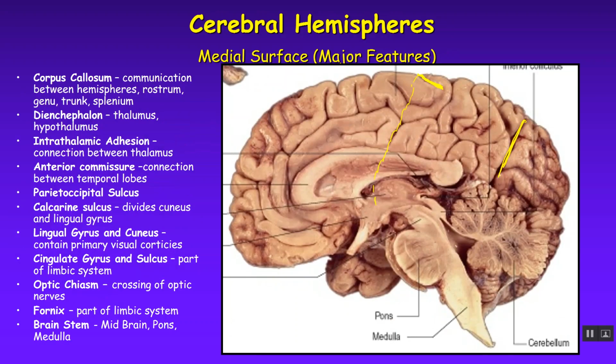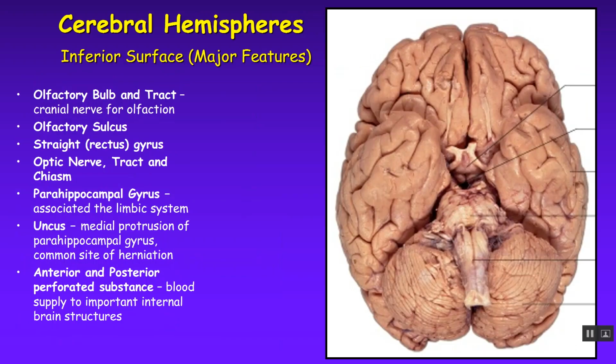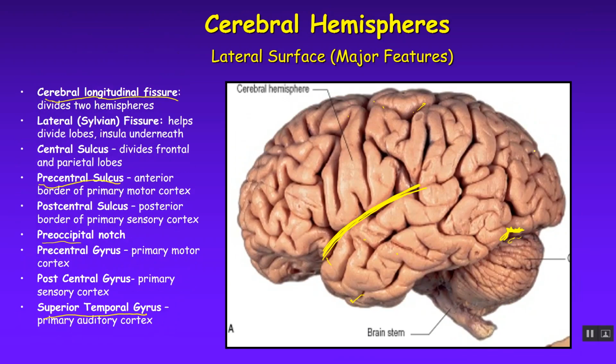This is looking at the medial surface of the cerebrum. But if you extend it over the edge to that lateral surface, which is right here, and then you extend the line from here to here, that's how you define your occipital lobe from the lateral surface.